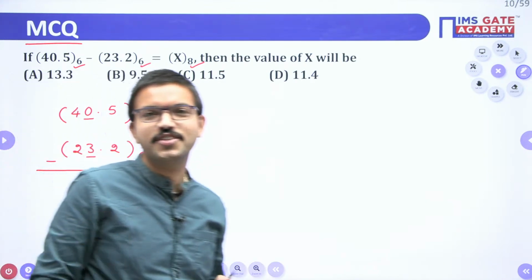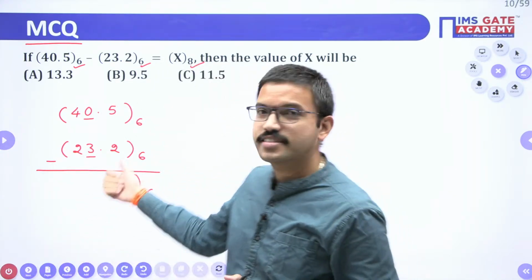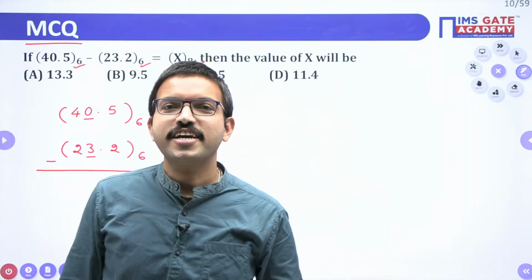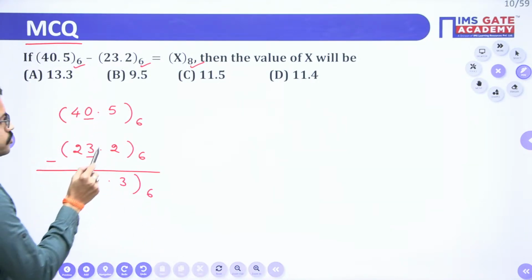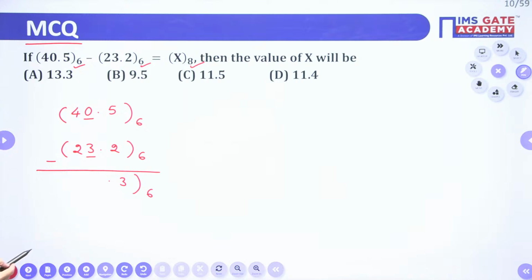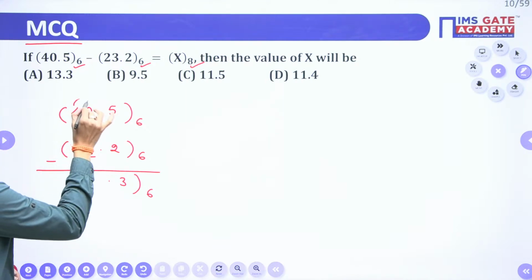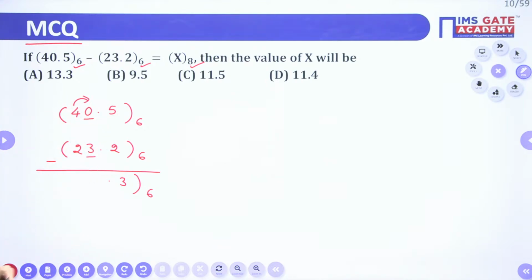In general, what will we do in this case? Whenever we are unable to subtract the larger digit from the smaller digit, we will take a borrow.